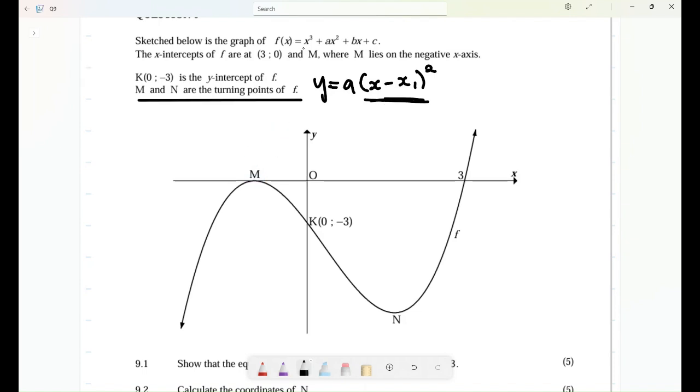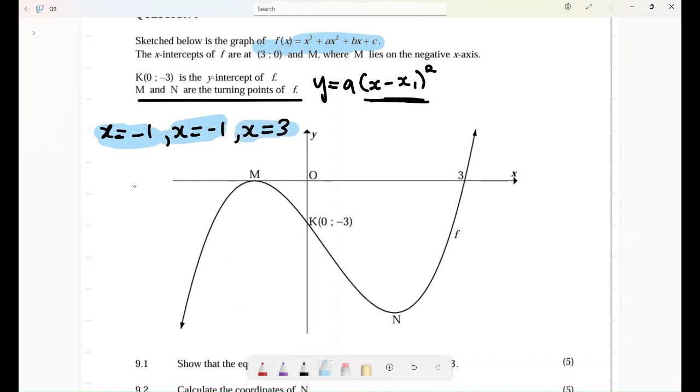Now, sometimes if you are required to find the x-intercepts of a particular function, you realize that you have x equal to -1, x equal to -1, and x equal to 3.